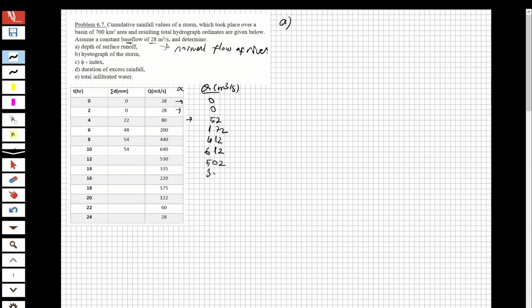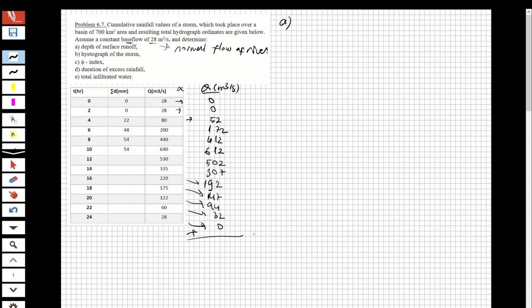This is 307, and this is 192. And this is 147. And this is 122 minus 28, it's going to be 94. And this is 32, and this is 0. So now we have obtained the discharge of the surface runoff that passes in the river.